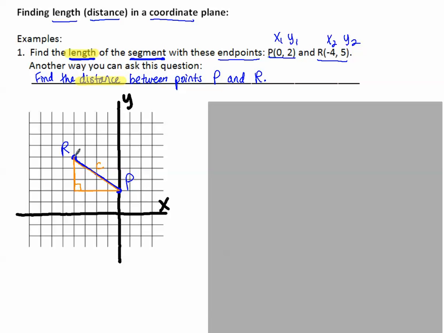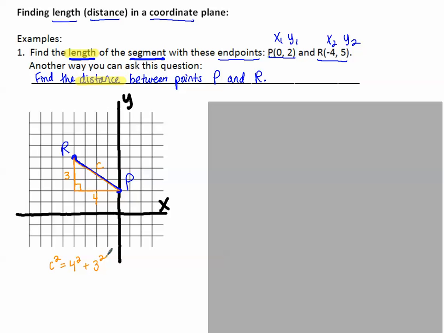Now when it's slanty, we can't just count how many units that is, but when they follow the grid lines, we can. So along the x direction, 1, 2, 3, 4 coordinates that way, and in the y direction, 1, 2, 3 coordinates that way. So if I'm using my Pythagorean theorem, c squared, hypotenuse squared, equals one leg squared plus other leg squared.